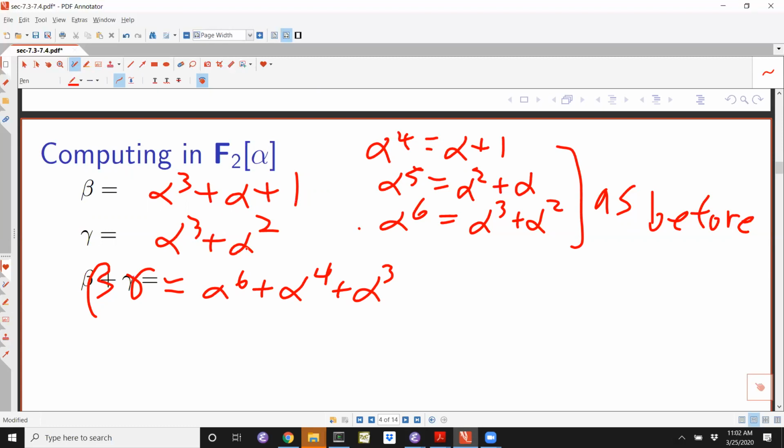Then I add in the other part of the FOIL, alpha squared times alpha cubed plus alpha plus 1, so I get alpha to the 5th plus alpha cubed plus alpha squared. I'll do it this way just to show you where those terms came from. So is everybody good with that so far?